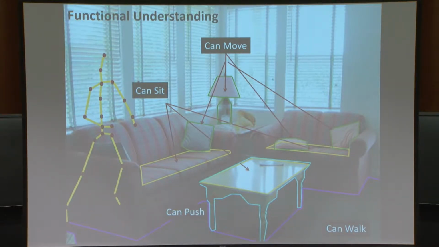For example, if a robot is entering into a room, can it figure out for itself where to sit or where to move? Or if it's a Roomba robot, where can it move? You don't want it moving on top of a sofa. If you want it to move just on the floor, it should be able to reason about that itself.